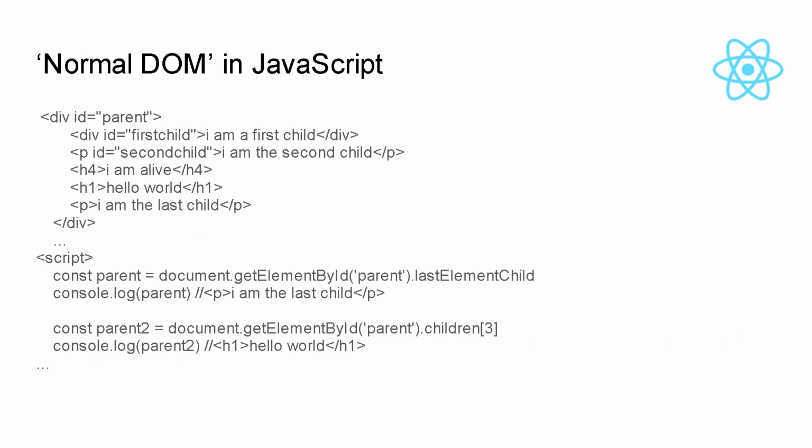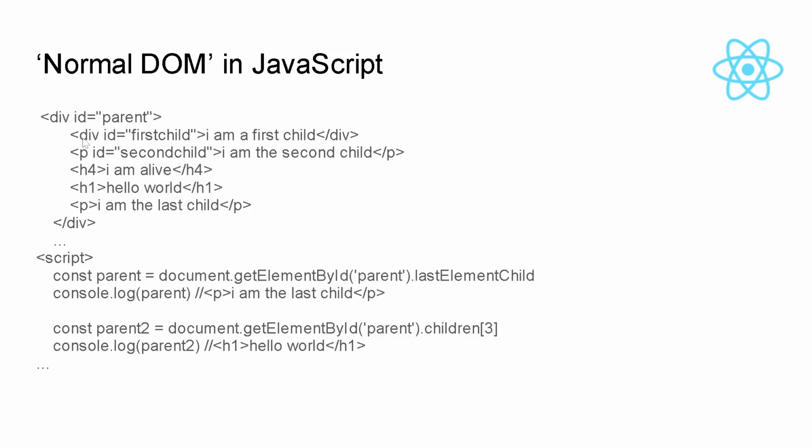When you go getElementById, you are accessing the document object model, the method getElementById, whose name is parent, and you're getting the last element child. That is the document object model. Whenever you do document.something, document.alert, window.alert, or getElementById, which we're doing all over the place, that's accessing the document object model.